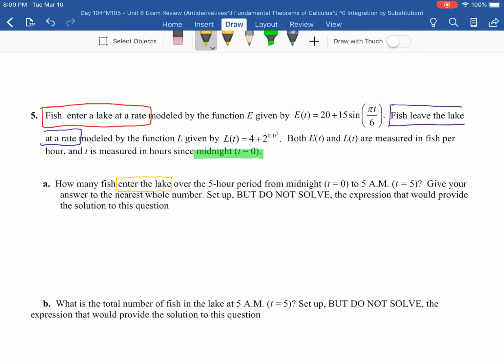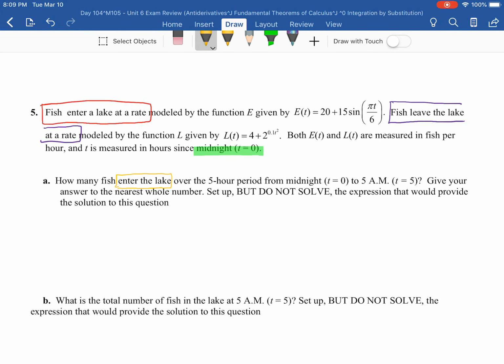But we're trying to figure out how many fish actually enter the lake, not the rate at which fish enter the lake. So E is already our rate, but we want to find how many fish have actually entered the lake.